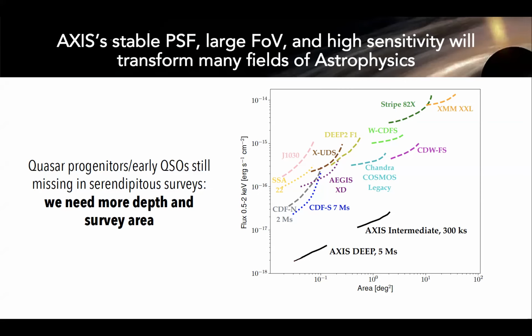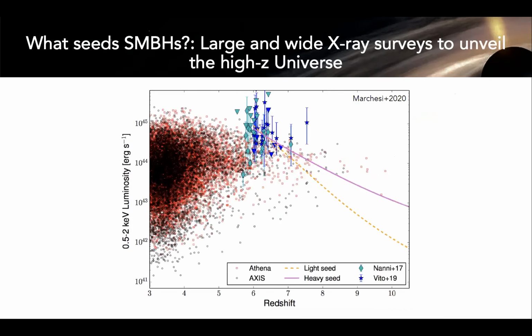And as you can see, with the Axis deep field, we will be sensitive to fluxes on the order of 10 to the negative 18 erg per second per centimeter squared. And this is much, much lower than what we are currently able to do, and will really revolutionize the field of understanding where these high Z AGN are.